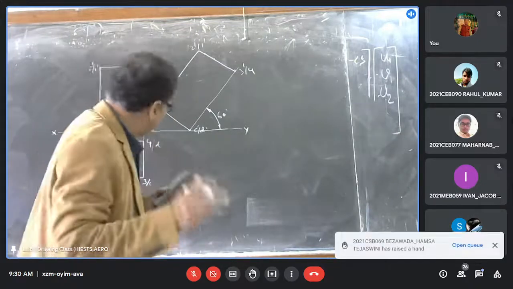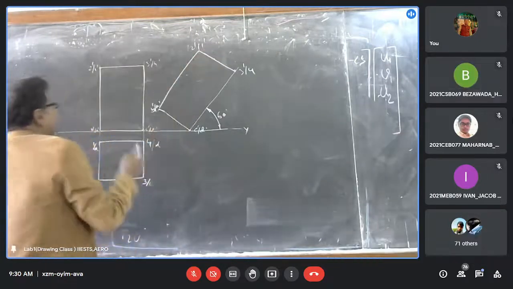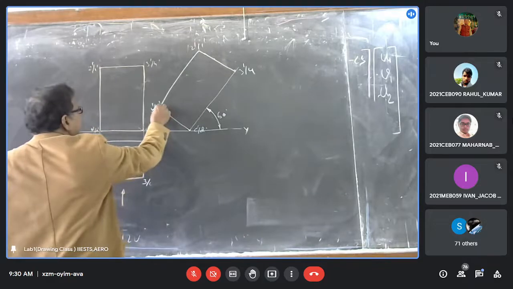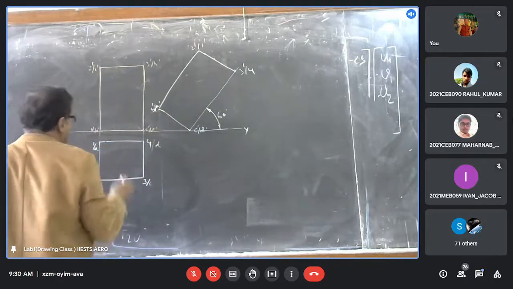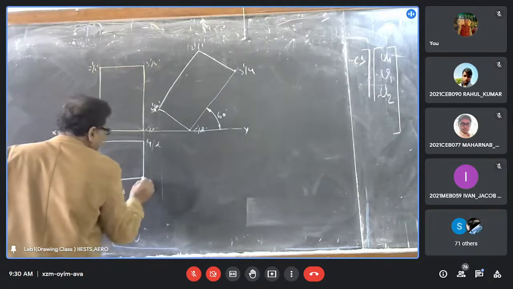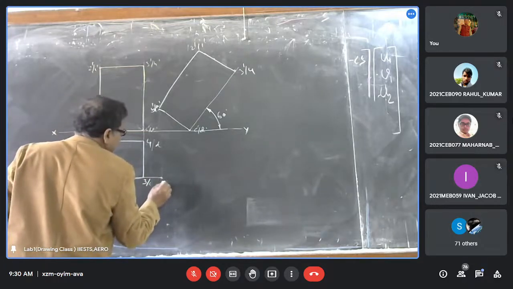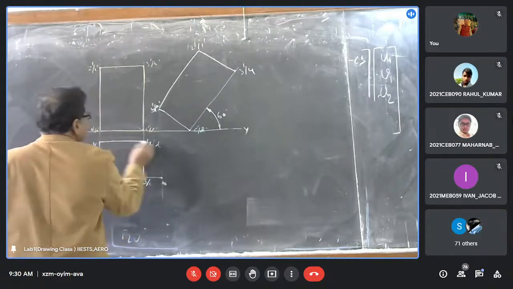Okay. Now, I am starting from B dash A dash. Draw the projection line, thin line, you know, and B here. Draw it. You find a point. This is B. And A here.